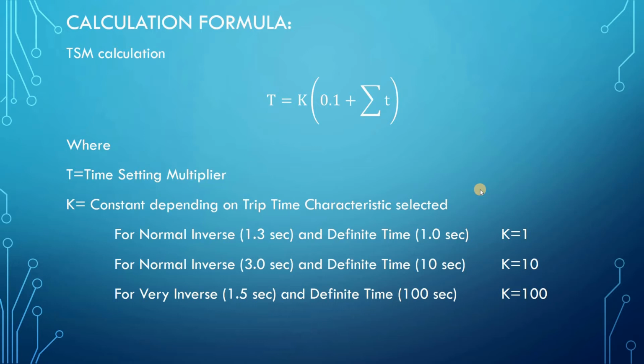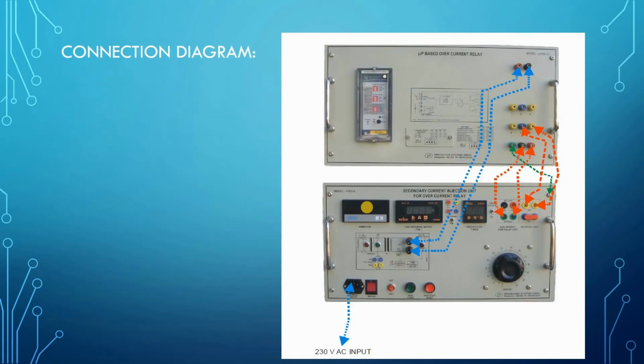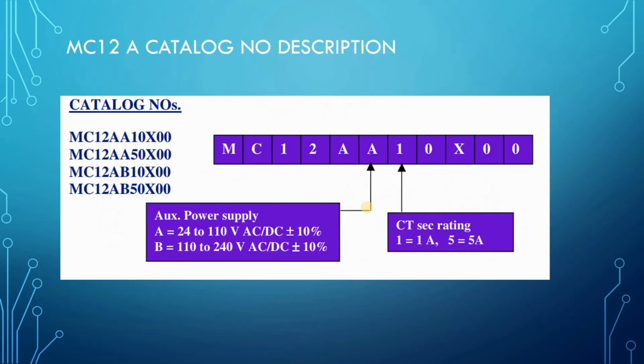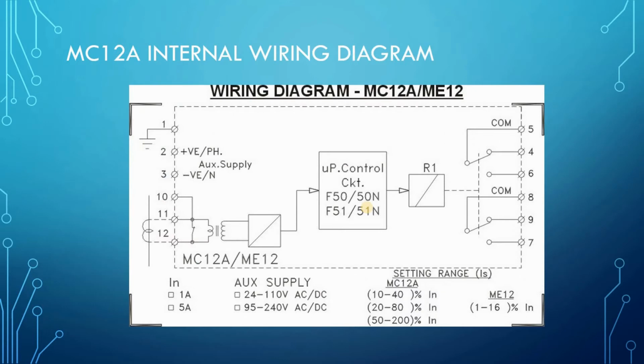That means whatever time setting multiplier we get, starting from 0.1 to a maximum of 1.6, can be multiplied by 1, 10 and 100 to get a wide range of time setting multipliers. So the time setting multiplier also can be more than 1.